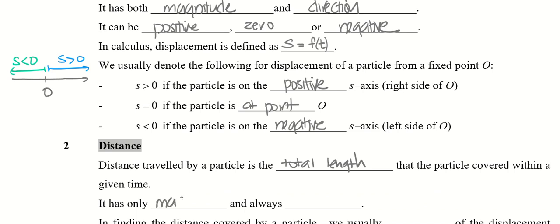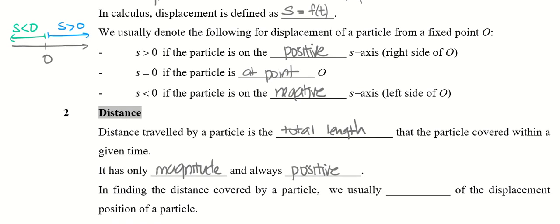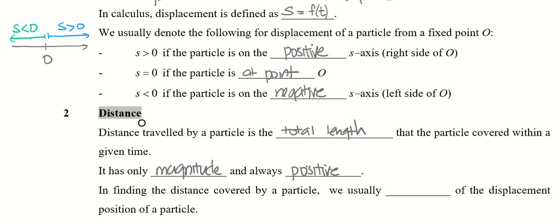It doesn't have any direction because it's length, and because it's only magnitude, it is always positive. A lot of times, and I will show you in the examples, in finding the distance covered by a particle, we usually need to sketch the displacement position of the particle.